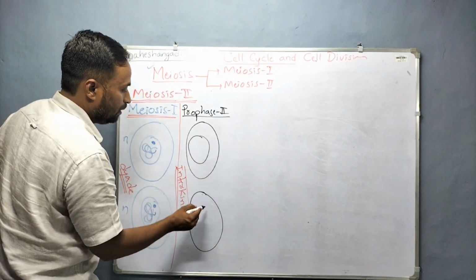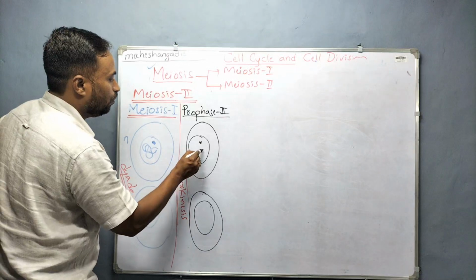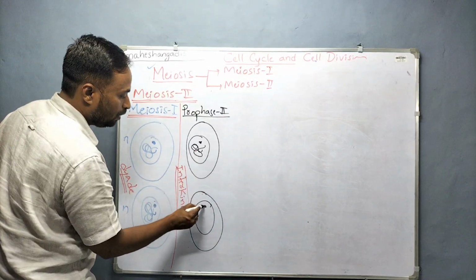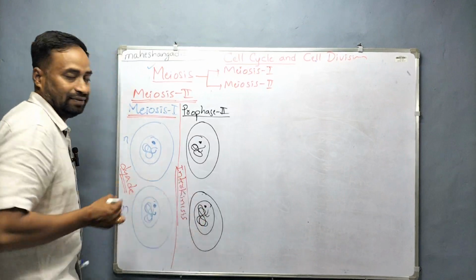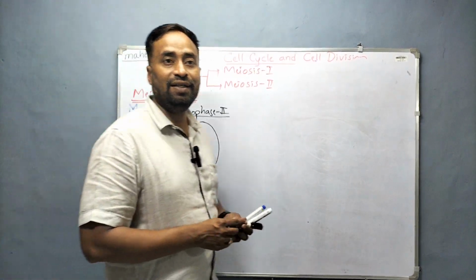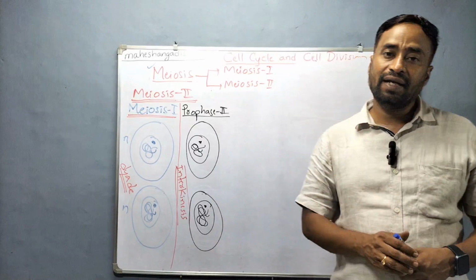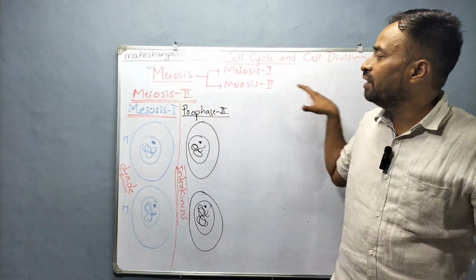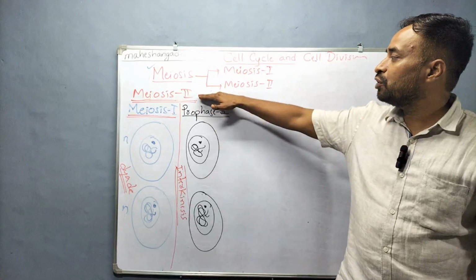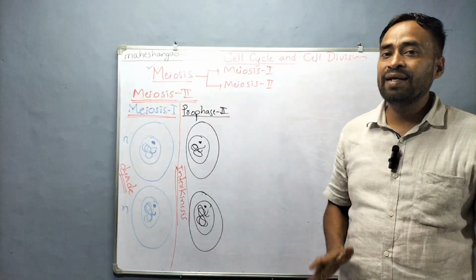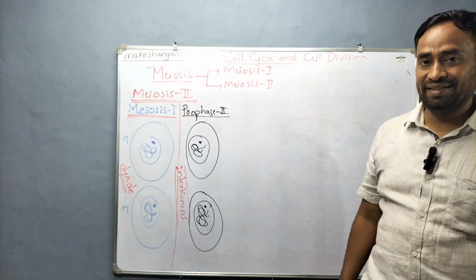Whole meiosis 2 can be explained in a single line. What was that single line? If you remember that line, you can easily write all the phases of meiosis 2. Meiosis 2 is just the same as mitosis. That's it.